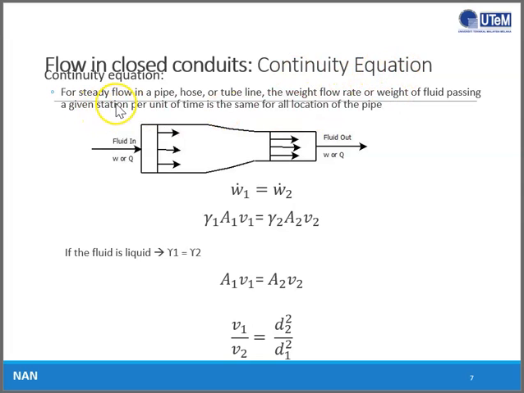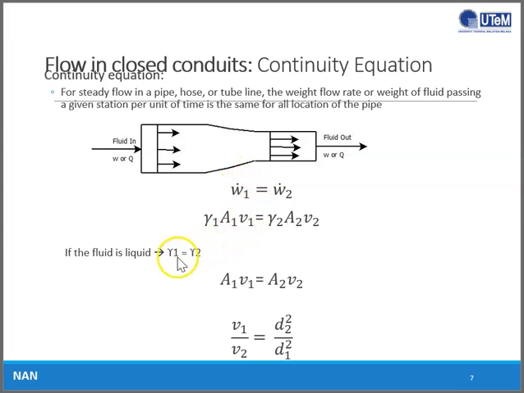So for a steady flow in a pipe, hose or tube line, the weight flow rate, or weight of fluid passing a given station per unit of time, W dot, is the same for all locations of the pipe. Okay, weight flow rate 1 equals weight flow rate 2.